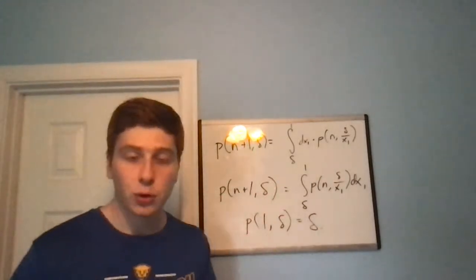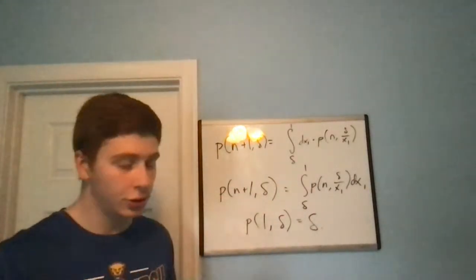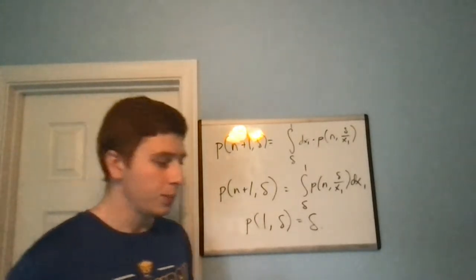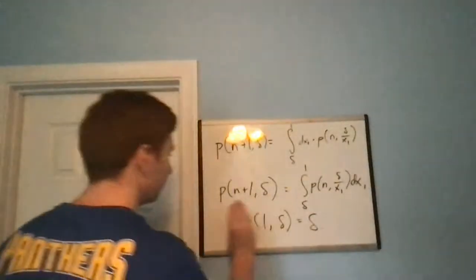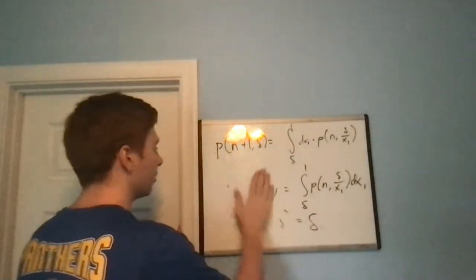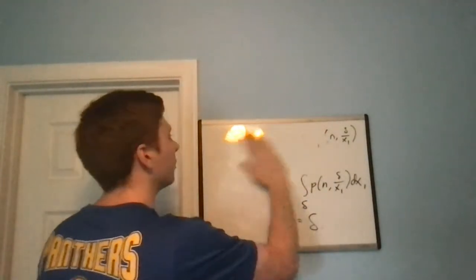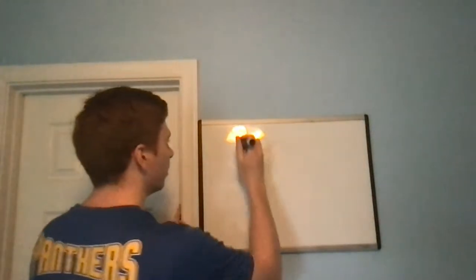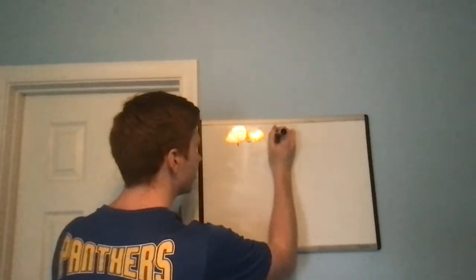But anyway, once you start doing this and you get up to P of 4, let me write out P of 1, 2, 3, and 4 and see if you can notice the pattern. P of 1 is just delta.